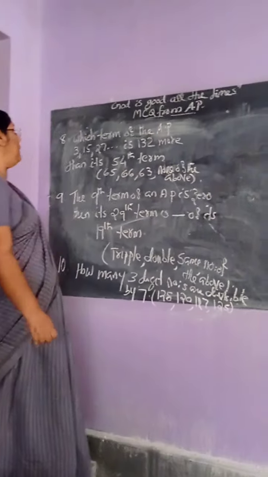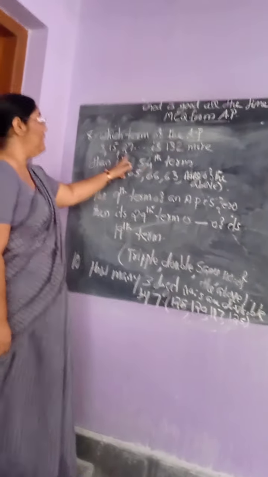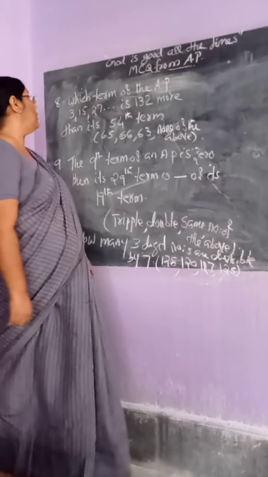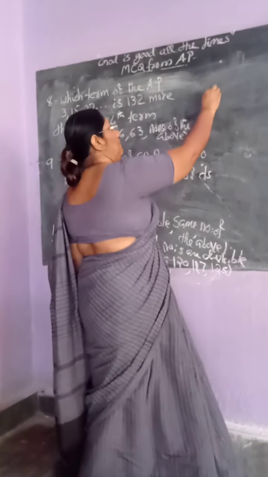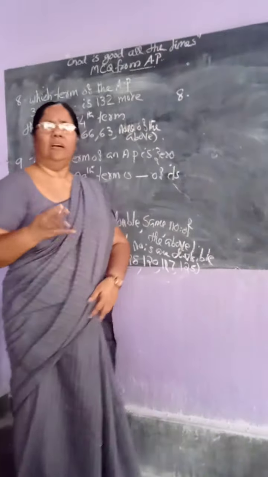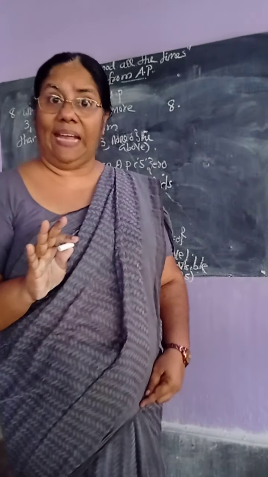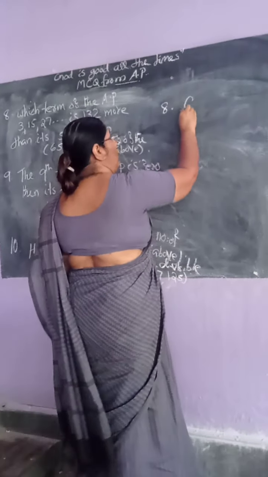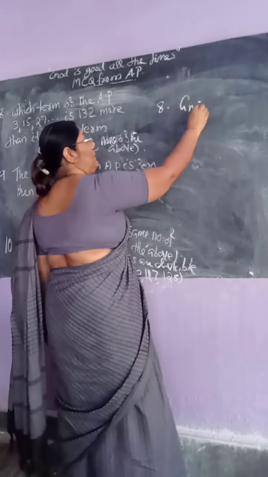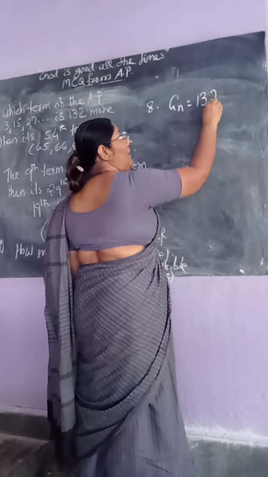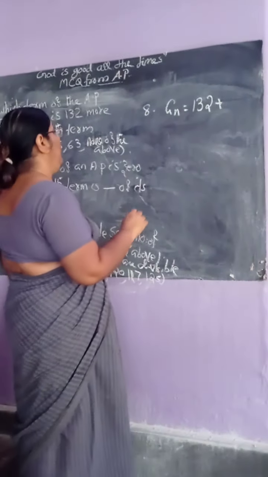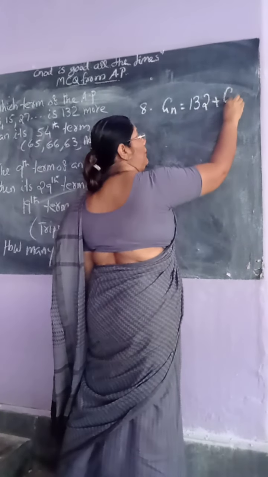Which term means always we take AN. AN is equal to 132 plus, more means plus, the 54th term, A54.